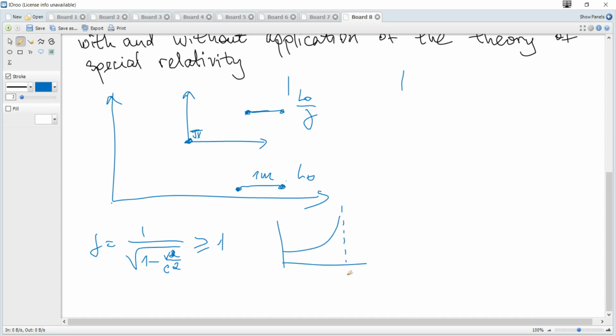It rises rapidly up to infinity when v tends to the speed of light. L0 is called the proper length, and by definition a proper length is in the reference frame where the object is stationary, not moving.